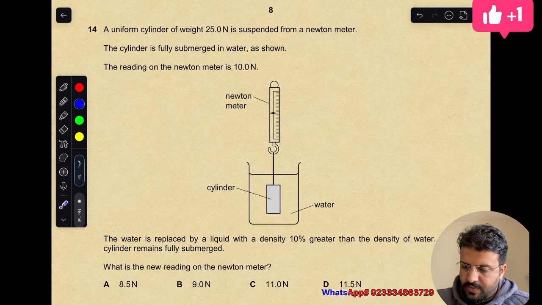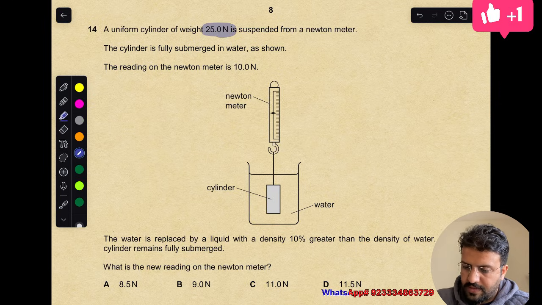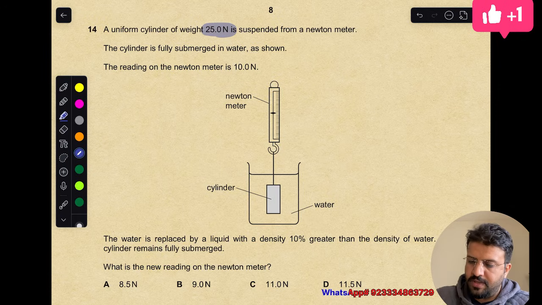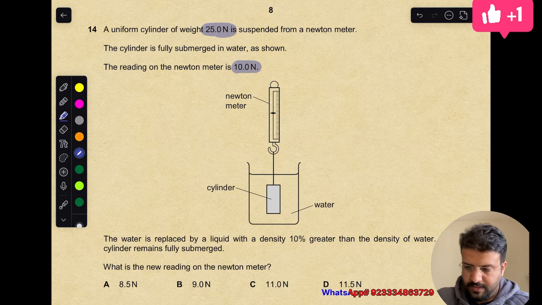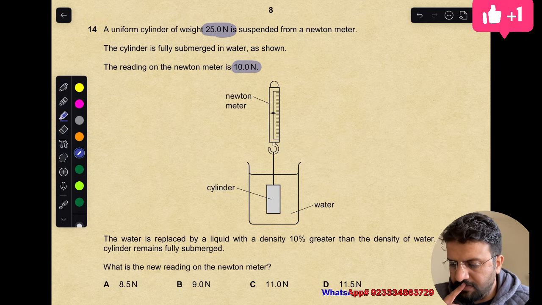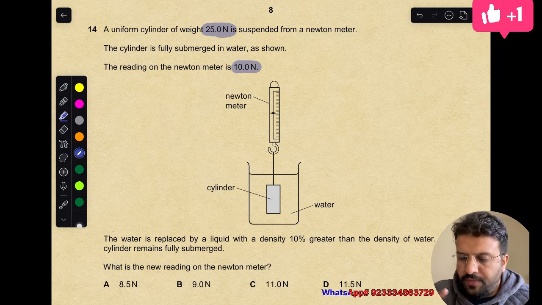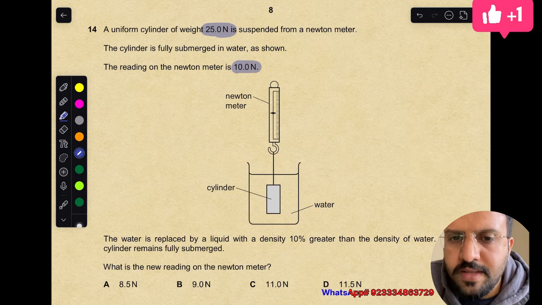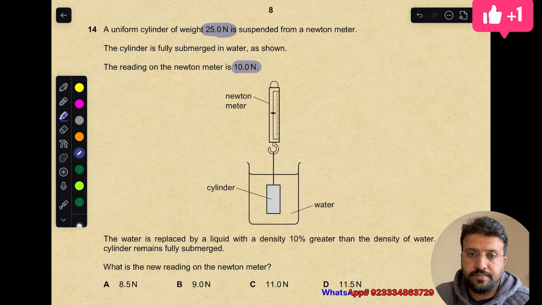In the next question, we have a uniform cylinder of weight 25 Newton suspended from a Newton meter. The cylinder is fully submerged in the water, and the reading on the Newton meter is 10.0. The weight of the object is 25, but the Newton meter is telling you the reading of 10.